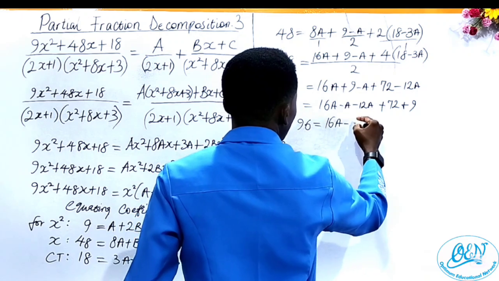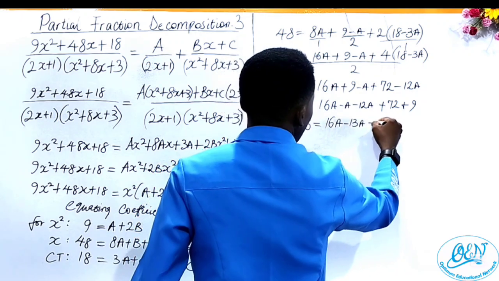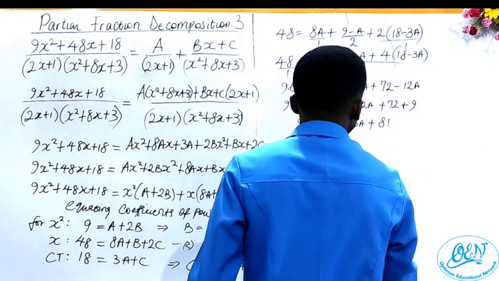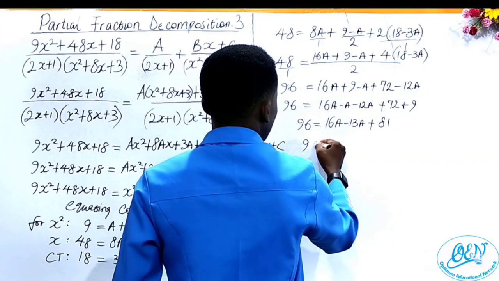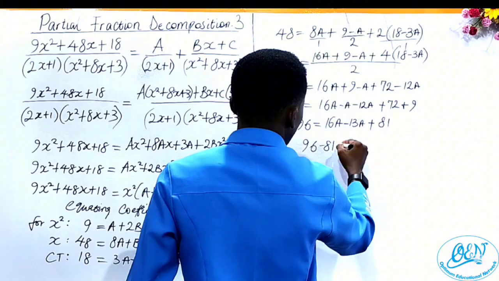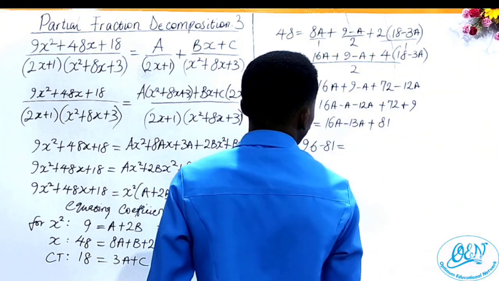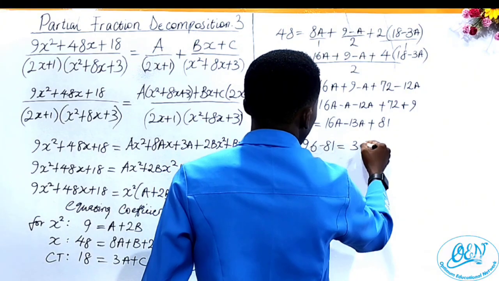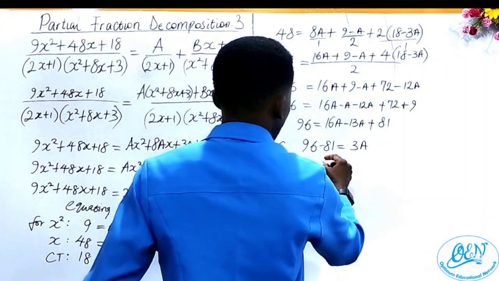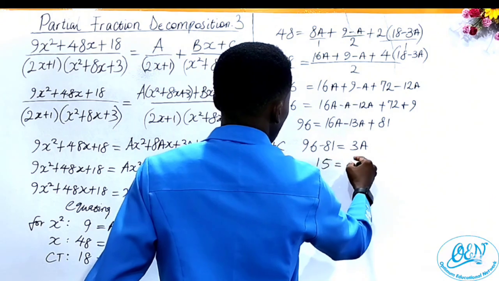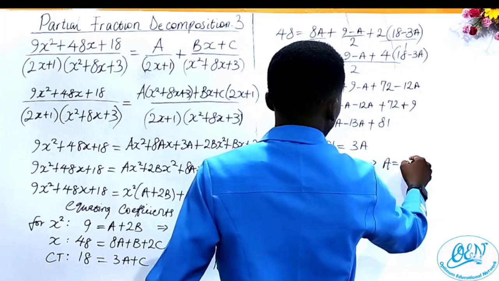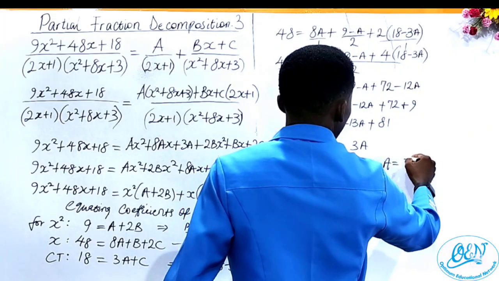So we have 16a minus 13a plus 72 plus 9, which is 81. If this comes over to here, 96 minus 81 is equal to 16a minus 13a, which is 3a. Now 96 minus 81 should be 15, is equal to 3a. So a is equal to 5.